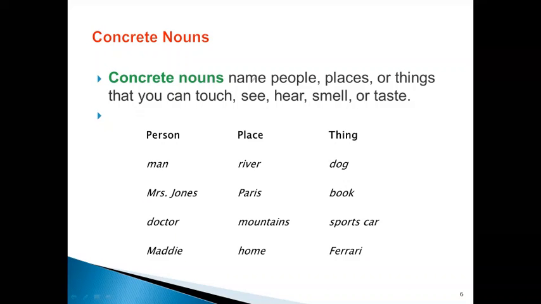Concrete nouns are the nouns that name people, place, or things that we can, do what?